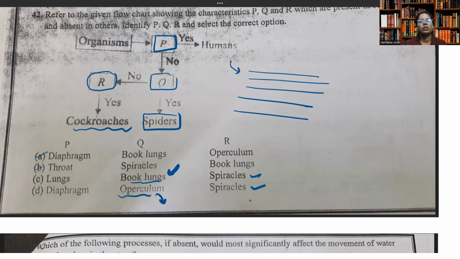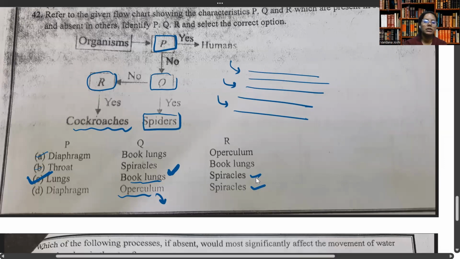So oxygen easily comes in, gets dissolved in the blood, and the respiration can happen. So we will say that C is the correct answer. Humans contain lungs, spiders contain book lungs, and, oh sorry, cockroaches contain spiracles.